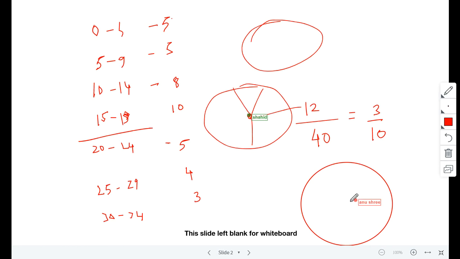Let's say I've drawn a circle with my compass, or whatever it's called. It is rounder or compass, you can say anything.